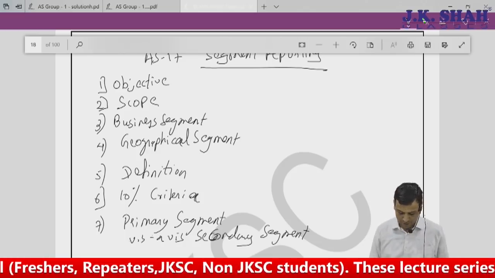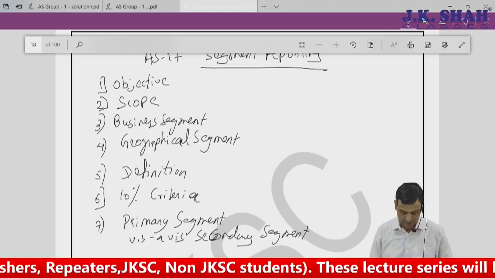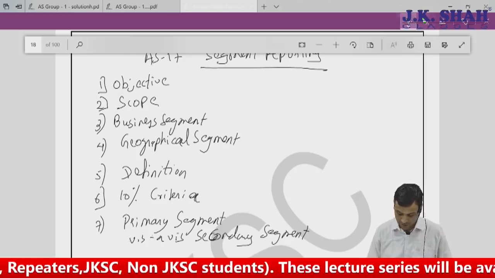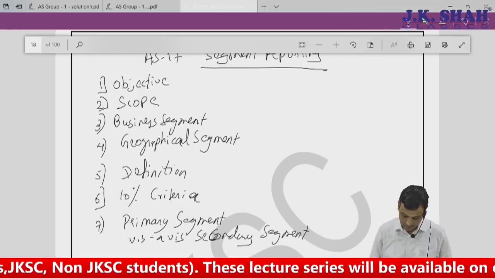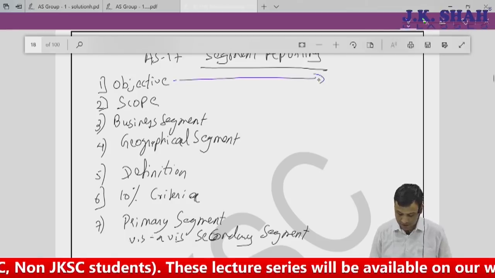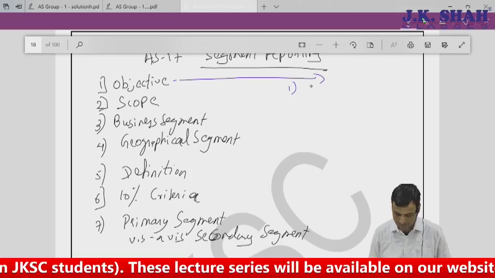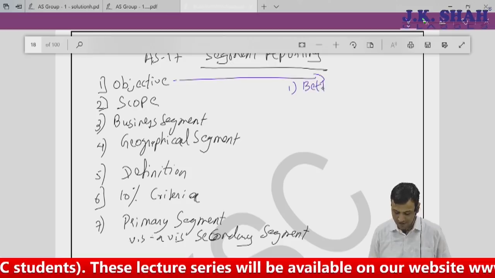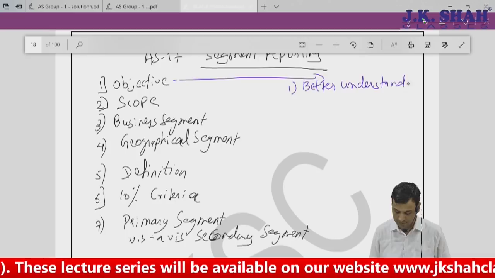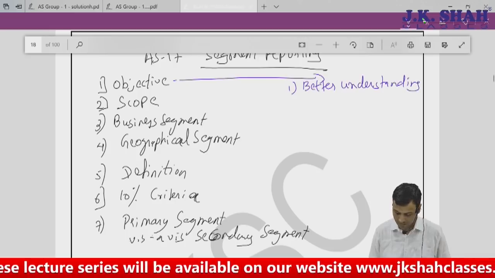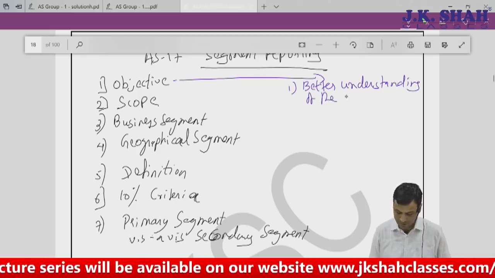Now, coming on to some simple things, let me go with the objective here itself, not jumping to another page. What is the objective of this standard? The first, you want a better understanding of the performance.